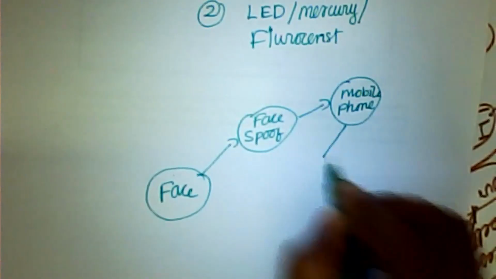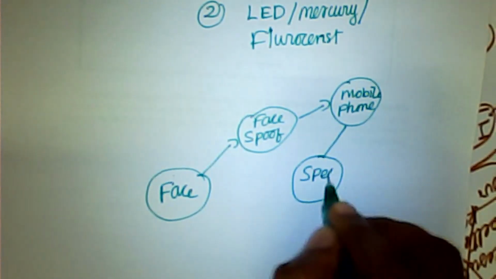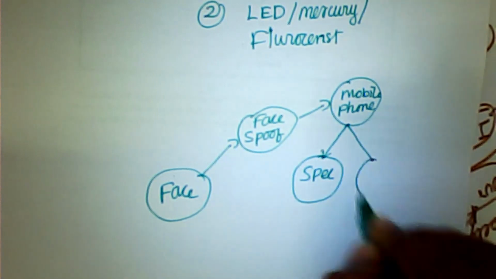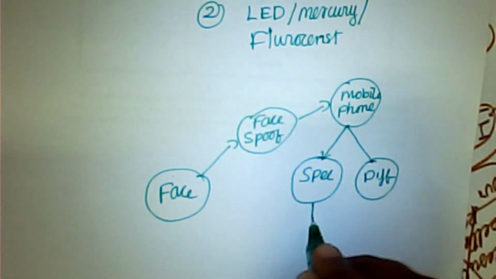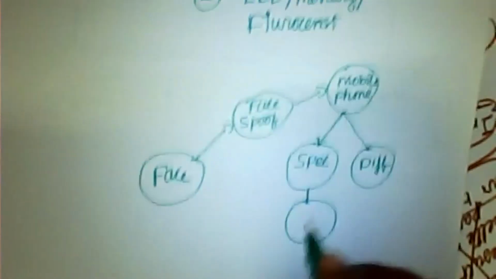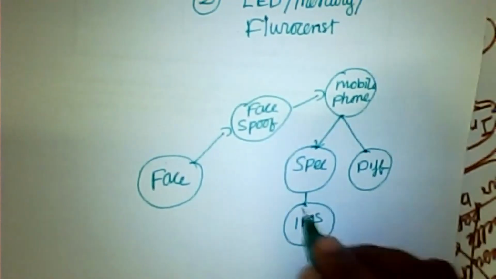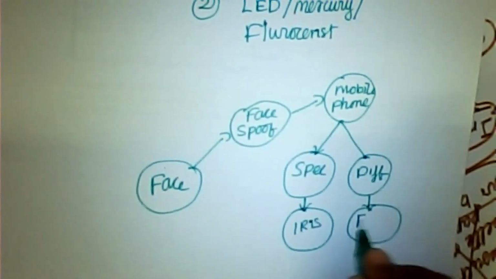Through the mobile phone, I go for specular, and I'll make it a very simple notation in my blog. Then diffuse. Specular is that iris region, and this is our facial region.